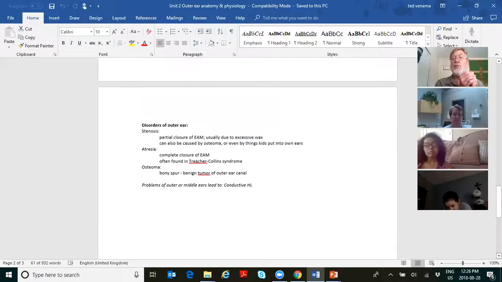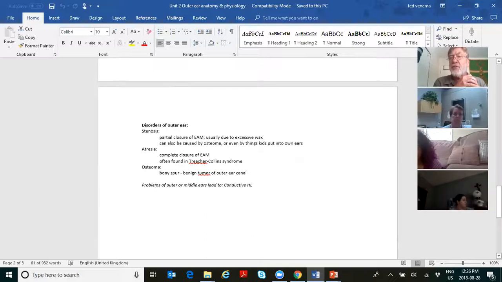Look at this here. There are a couple of words to put stars by. Stenosis, which is a partial closing of your ear canal, usually due to wax. Okay? Usually due to wax.